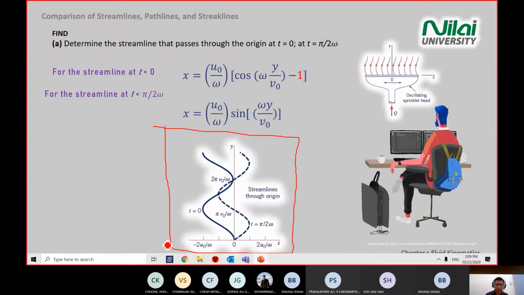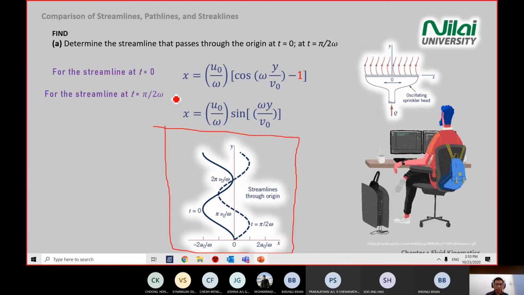Okay, just copy this shape. So one is a solid line, one is a dashed line. So the solid line is t equal to 0, right?